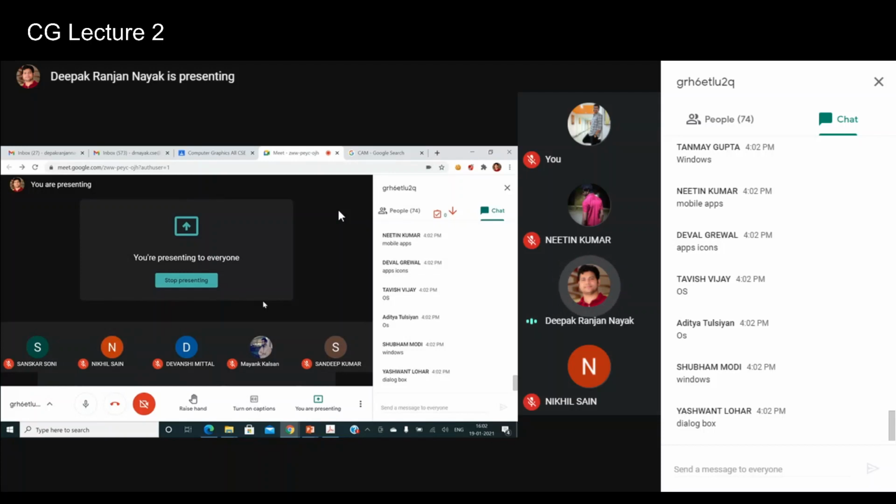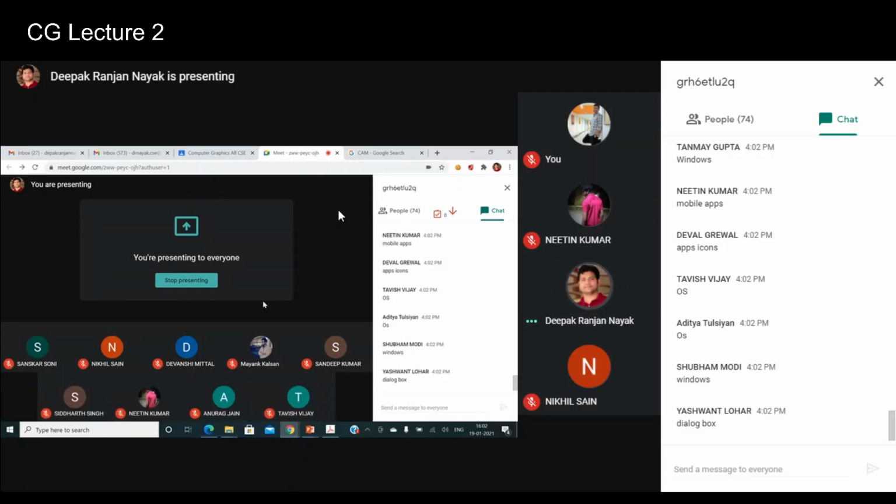GUI always has some advantages over the command line, right? The same thing can be done using the command line. With a GUI, so many buttons, so many icons, so many menus will be given to you, and the same thing I could show you by using commands. Which one will be easier to understand, using GUI or using commands?